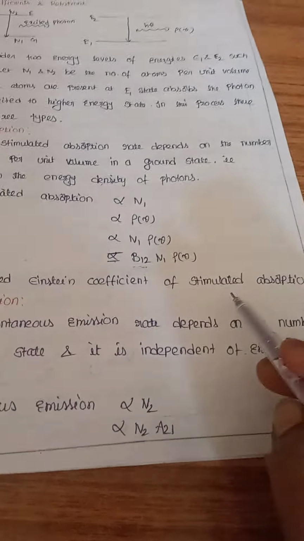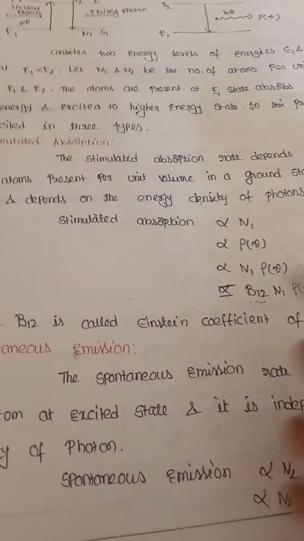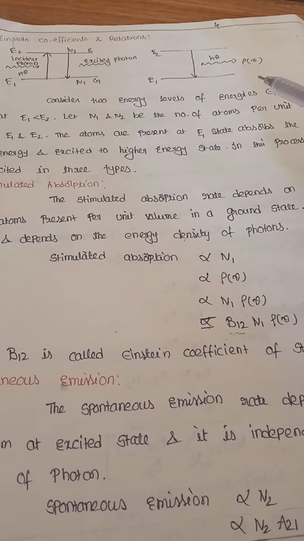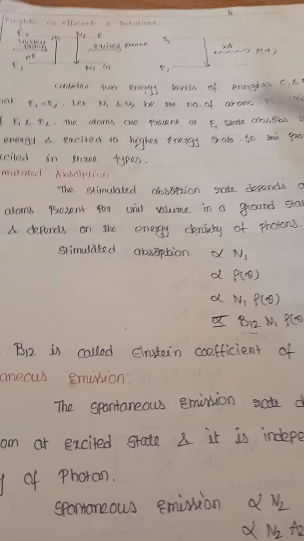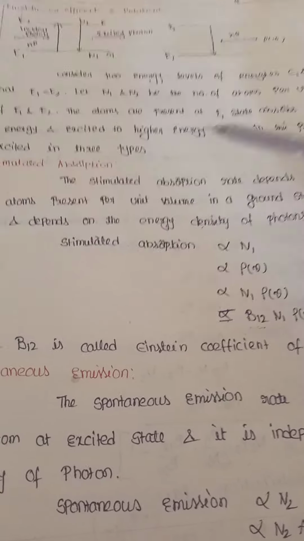And second thing, spontaneous emission. As you already know, the emission that takes place without supplying energy is known as spontaneous emission. The spontaneous emission rate depends on the number of atoms at the excited state. But in the case of spontaneous emission, there is no incident photon of energy, so it is independent of the incident photon.